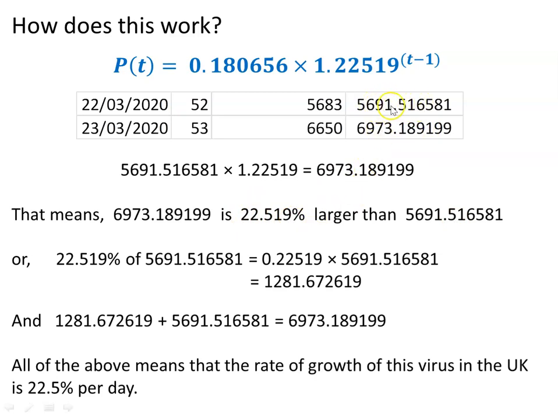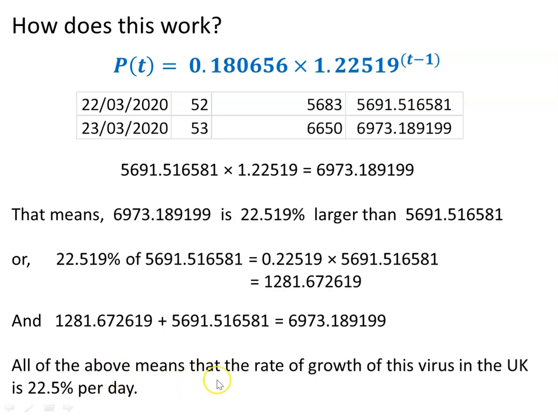What that means is 22.519% of 5,691.516581 is this decimal multiplied by the original value, and that gives us this number. Now if we take this number and add it to the original value, we'll get this value for the next day. So that's the role of this value in here.